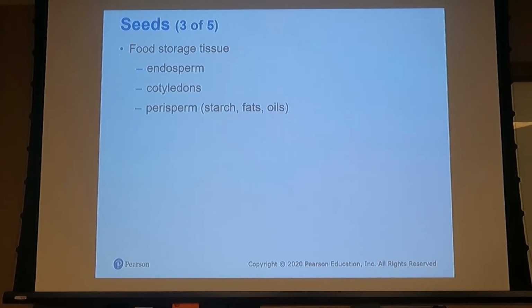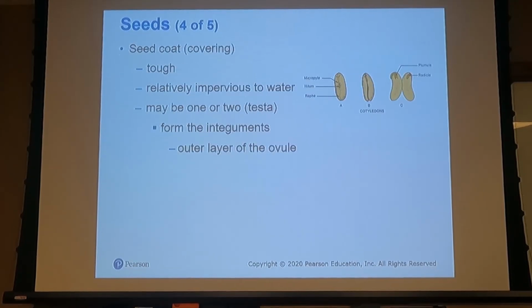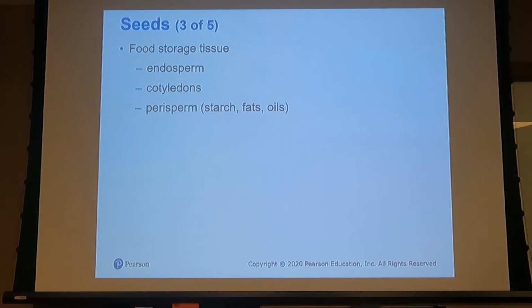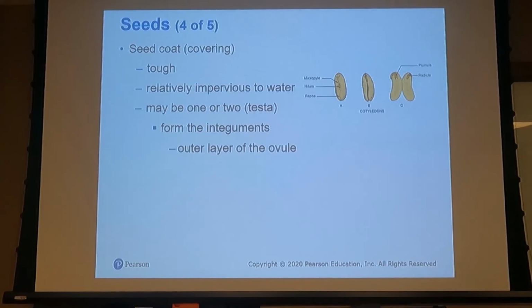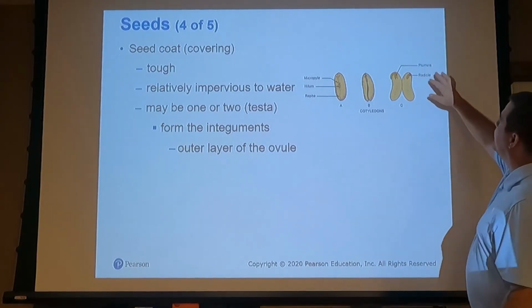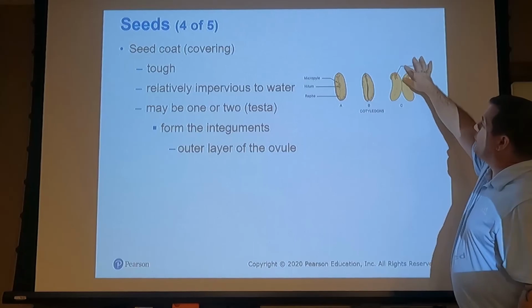It contains the perisperm and some of those components. So in the food storage tissue, we have the endosperm, we have food for the cotyledons, and the perisperm. So here is the radicle and the plumule.